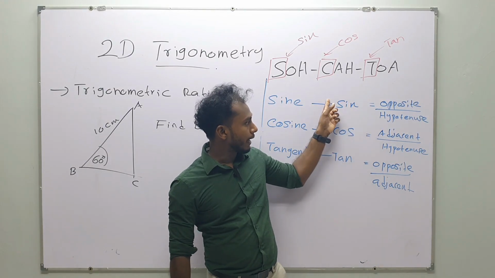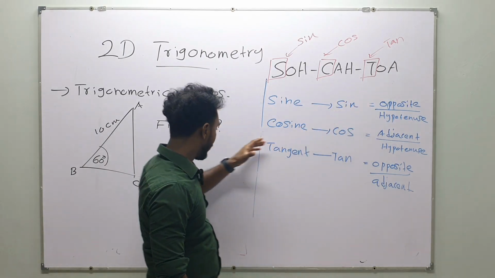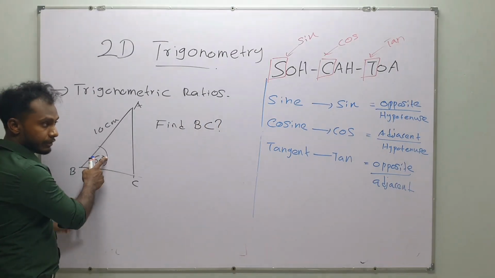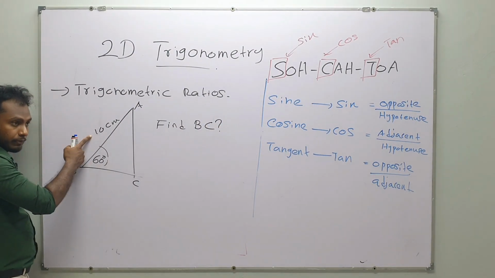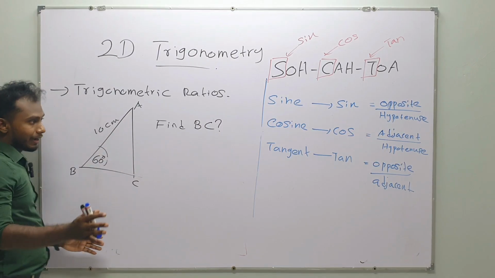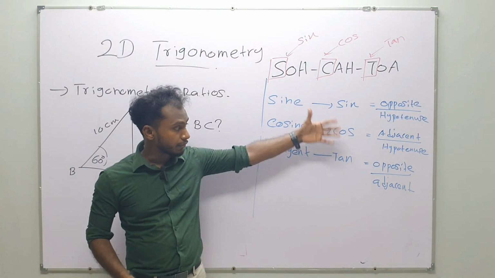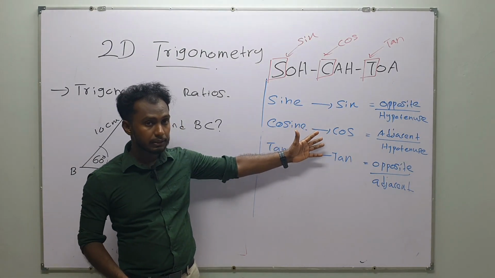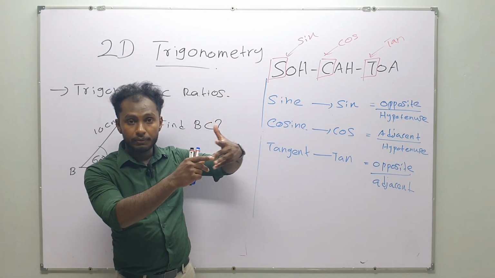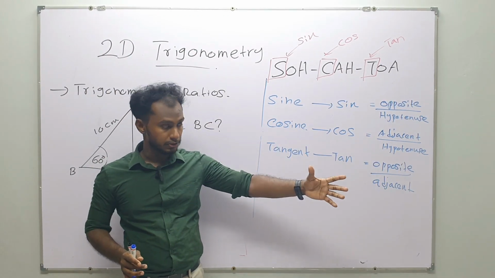That means if we know the angle and one side, we can find the other side. You know that. Since we are asked to find the length, the angle is given, but if the two lengths are given, we can find the angle also. That is for the next part of the lesson, the inverse ratios, right?